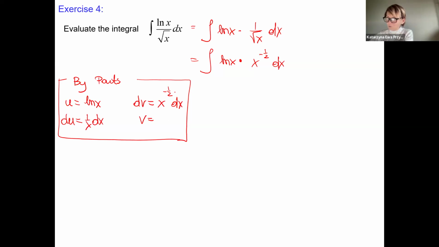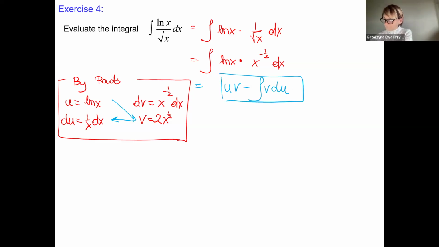What about this one? We need the antiderivative. Oh, I see, 2 root x, or 2x to the 1/2, either way is good. And the formula is uv minus the integral of v du. Okay, and let's see.